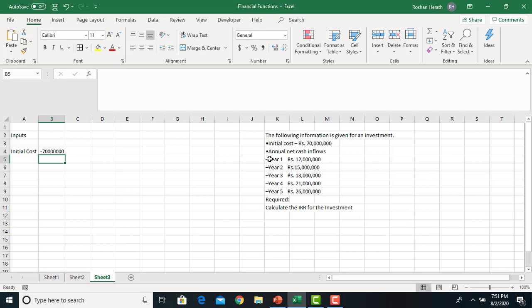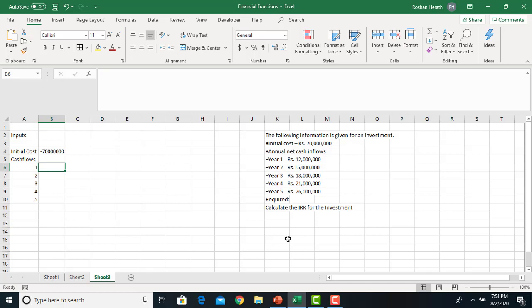$70 million. Then cash flows from year 1 to 5, at the end of each year.